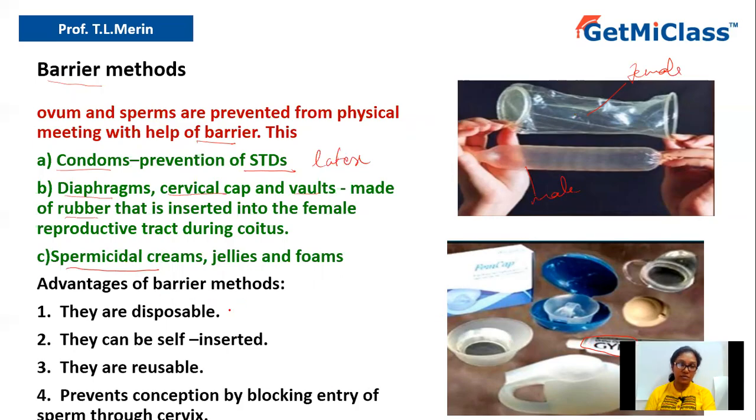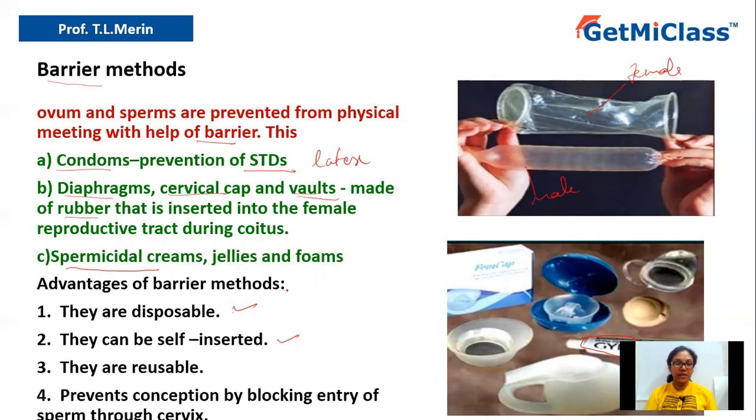They are disposable, condoms and all. They are safe for insertion, that is, they can be inserted inside the female reproductive part if they belong to this group, that is diaphragm, cervical cap, valves, etc.